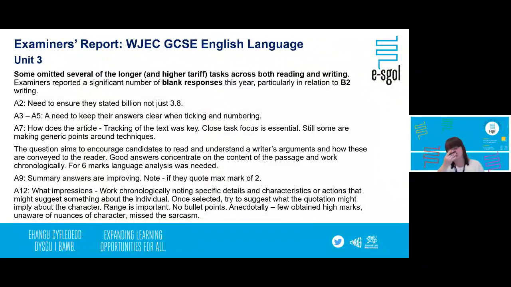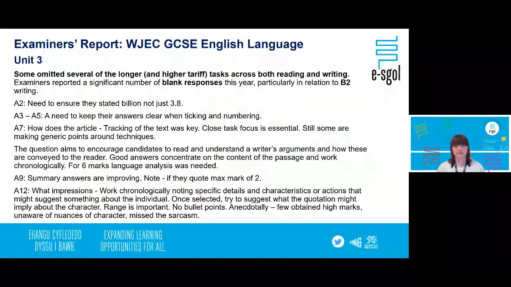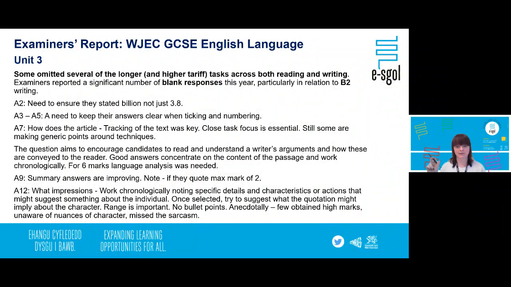So with A2 on this current summer's paper, there was an answer of 3.8 billion. But if the candidate answered just 3.8 and hadn't put the word billion, okay, that would have been marked incorrectly. They had the right number, but they didn't state the billion.